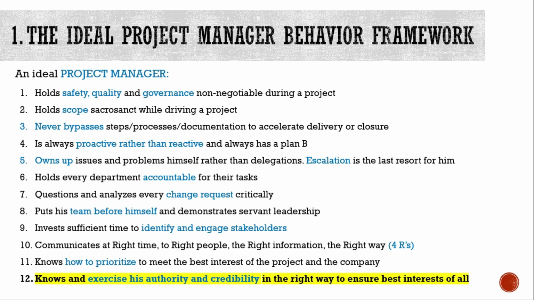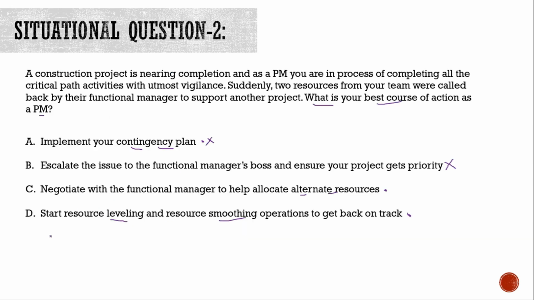Now with the reference of that behavior, if you see option D, you see here that the project manager here is not exercising any of his authority or credibility. So whenever you are a project manager, you should always remember that any project happens with the best interest of the company. So a functional manager cannot come and outright take the resources away without providing any additional help or any additional negotiations to plan for any alternatives.